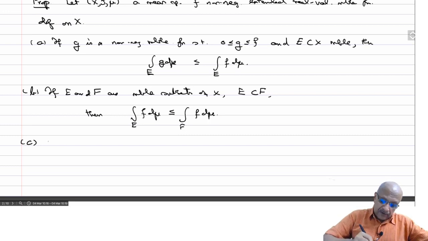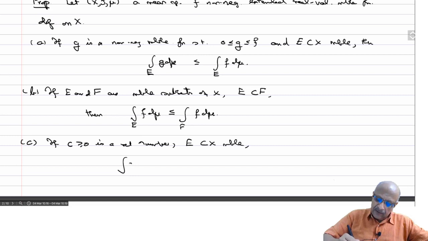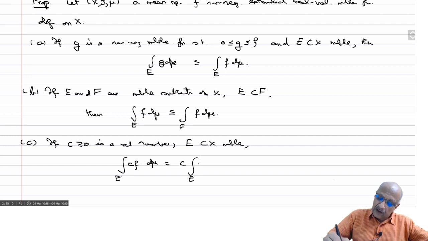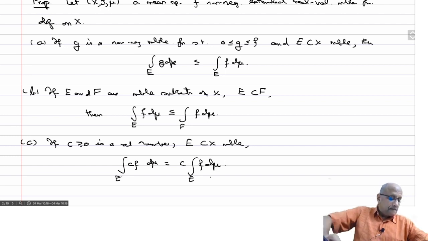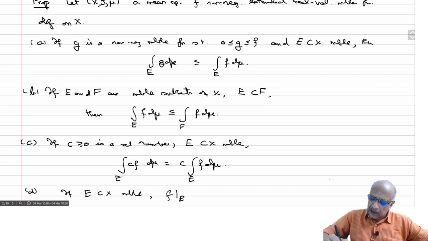C. If c greater than 0 is a real constant, E contained in X measurable, then the integral of c f d mu over E equals c times the integral over E of f d mu. Then D. If E contained in X measurable, f restricted to E equal to 0, then the integral over E of f d mu equals 0.